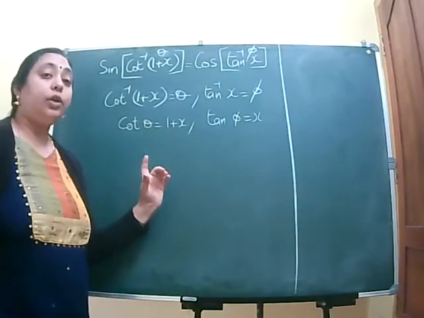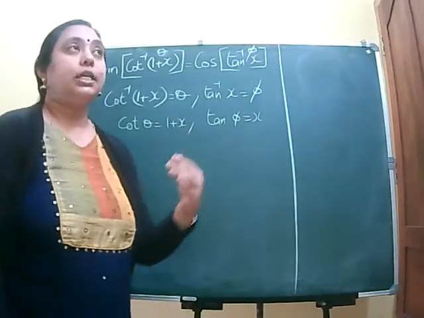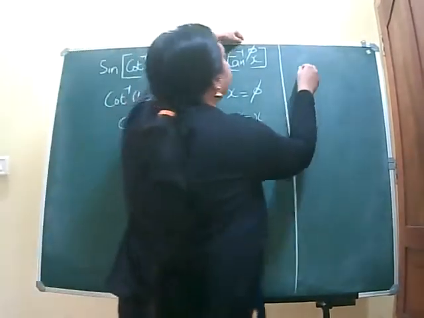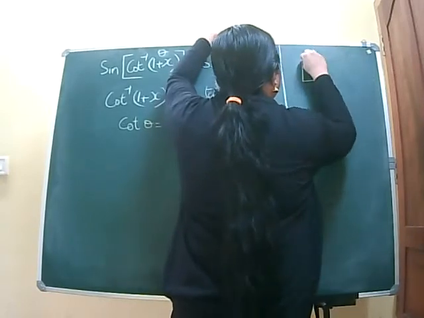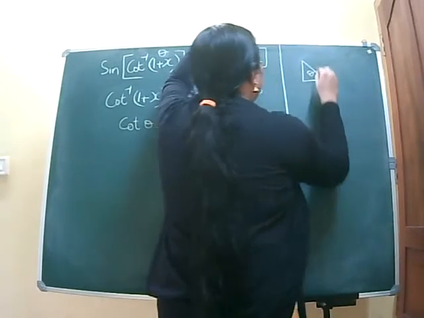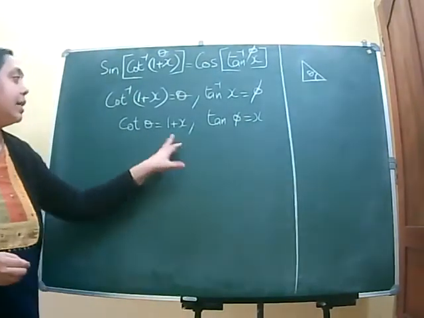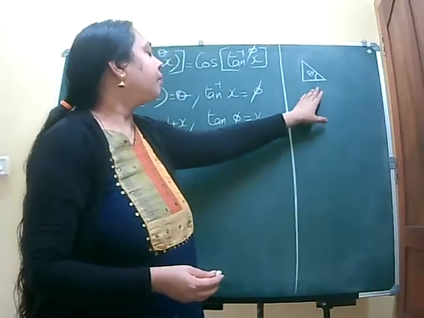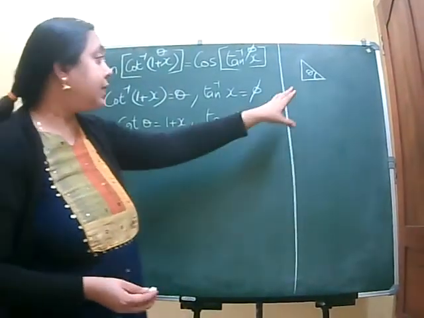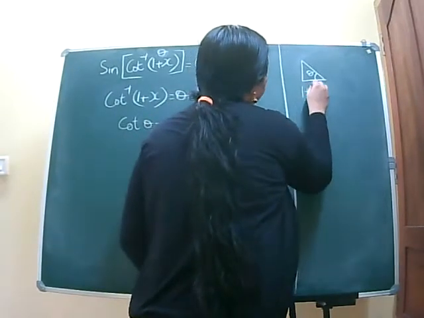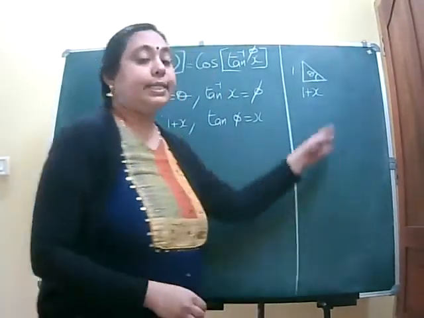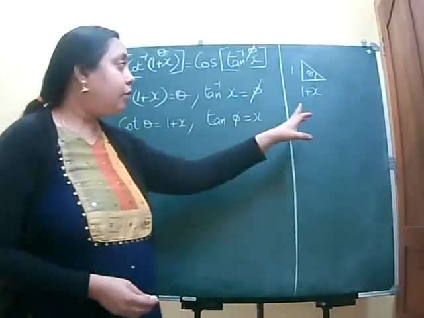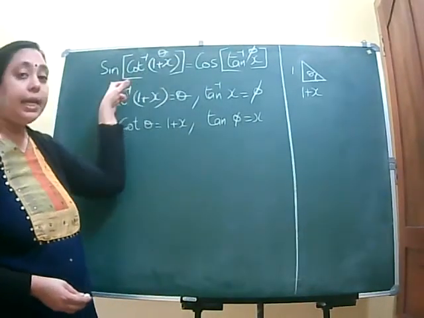That is, we know that cot theta is adjacent side by opposite side. That is, cot theta is 1 plus x.